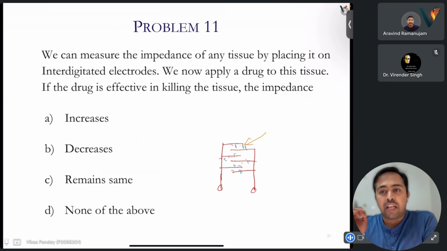If the tissue is alive, it will have a charge, and if it is dead, it will not be carrying that charge. So the impedance should increase or decrease. Decrease.